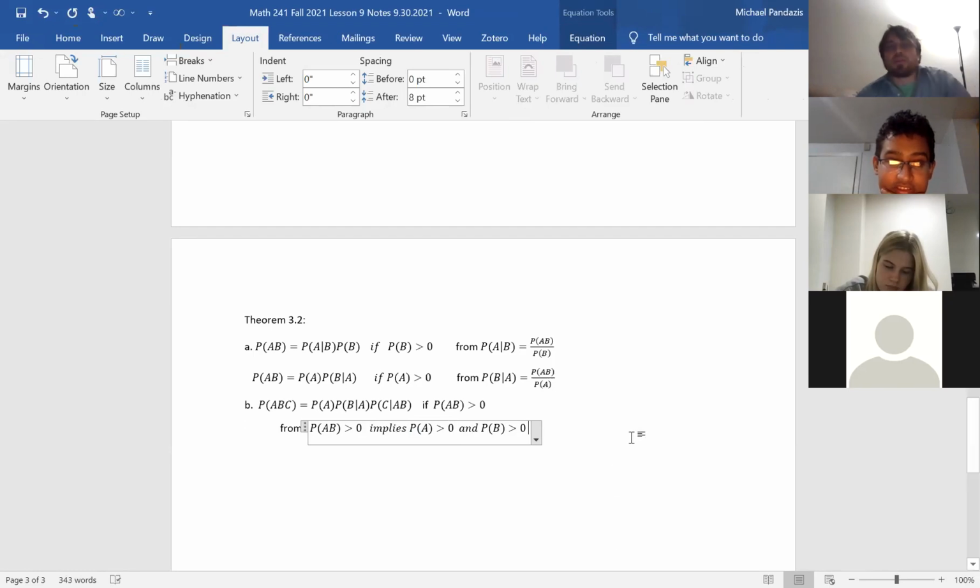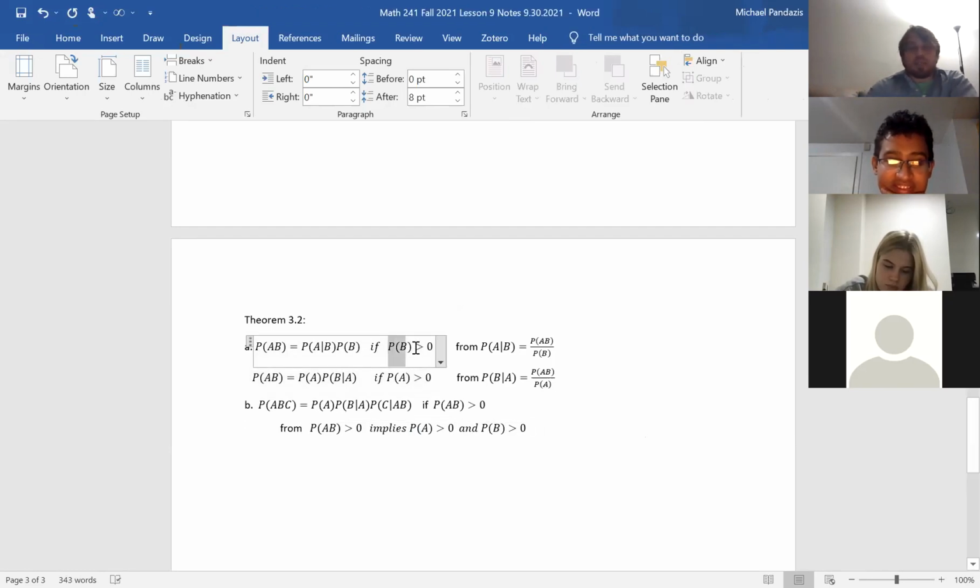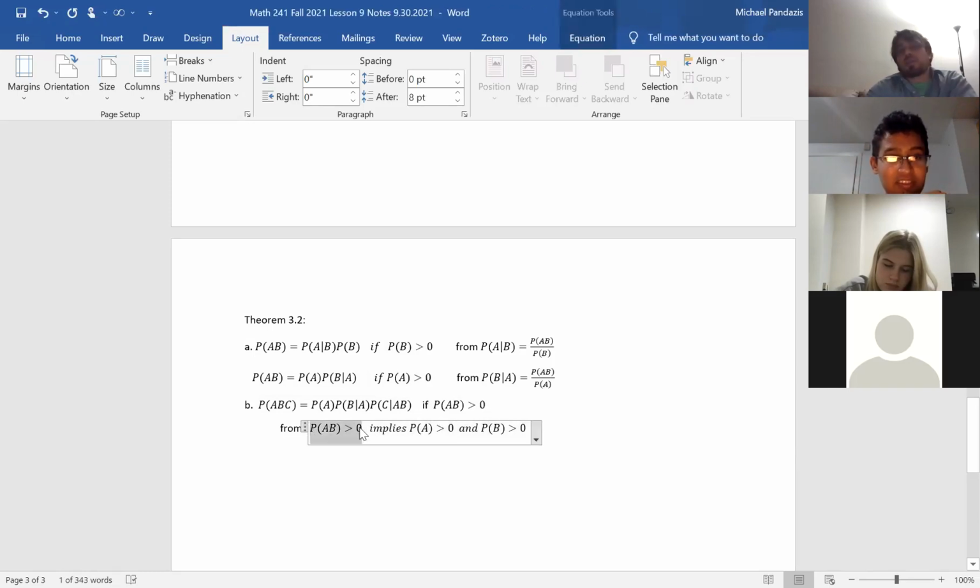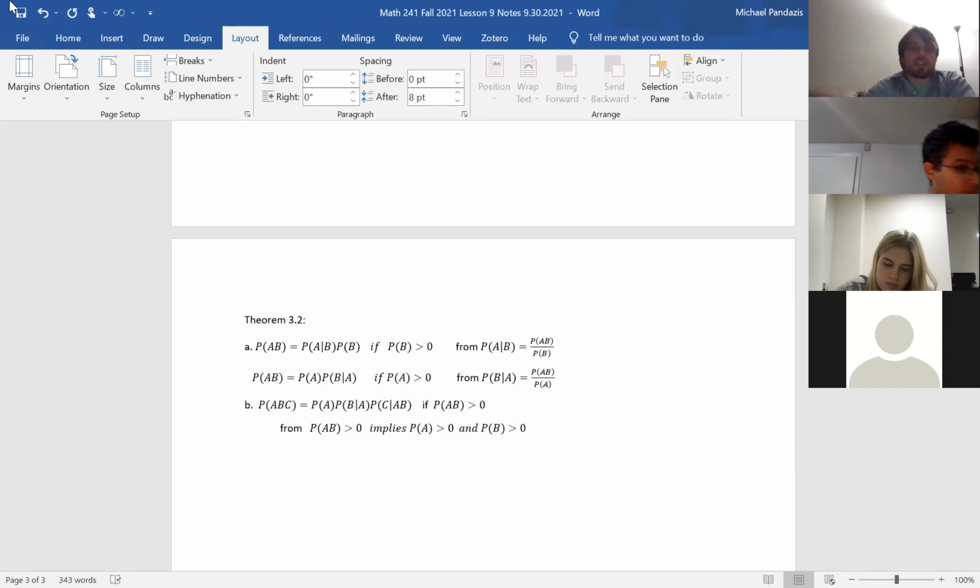Before, we had one assumption, that if P of B is positive or if P of A is positive. Here it looks like we're given one thing, that P of AB is positive, but actually we're being given both are positive, because the only way that the probability of A and B is positive is if the probability of A is positive and the probability of B is positive. So sneakily, this is giving me two assumptions here.